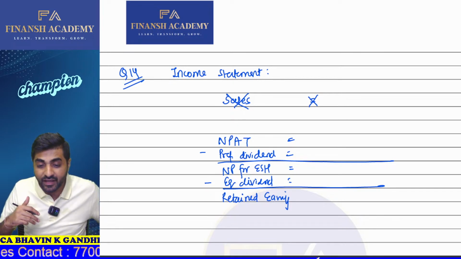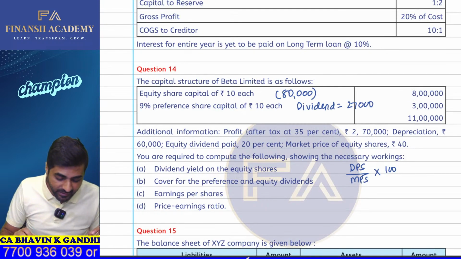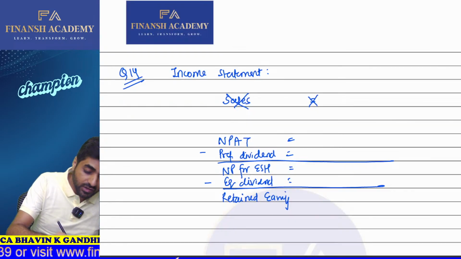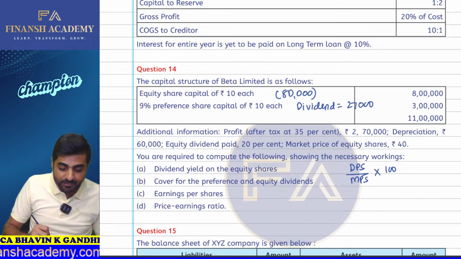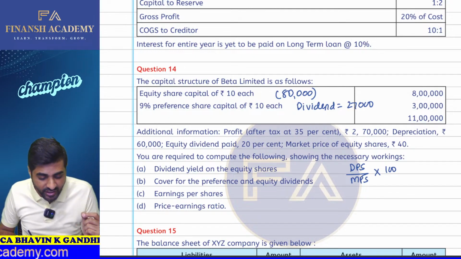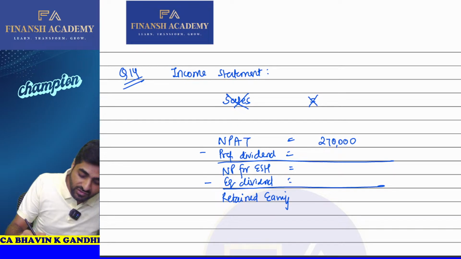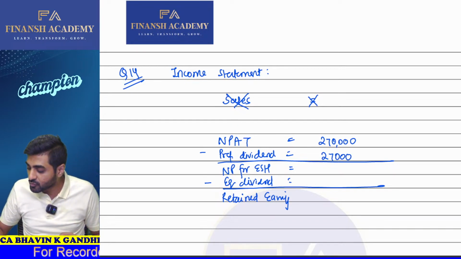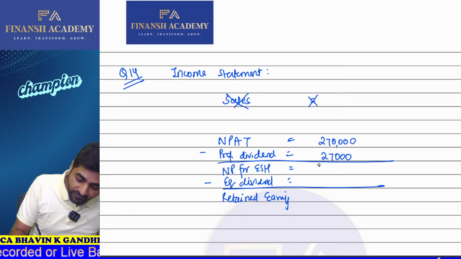So what is the amount of the NPAT which we have? It is 2,70,000. What is the amount of the preference dividend? As you can check, the preference dividend is 27,000. From 2,70,000, if I subtract 27,000, I will get 2,43,000.